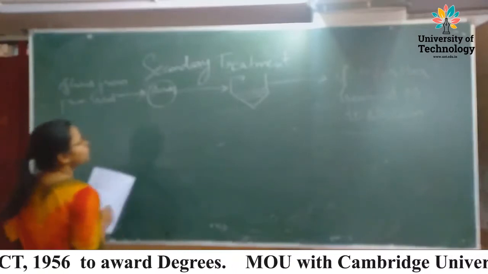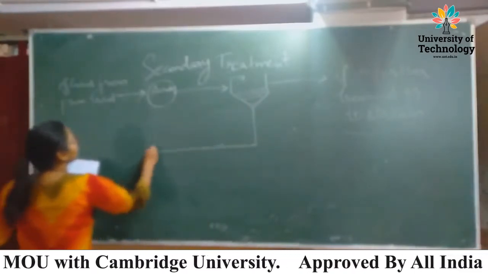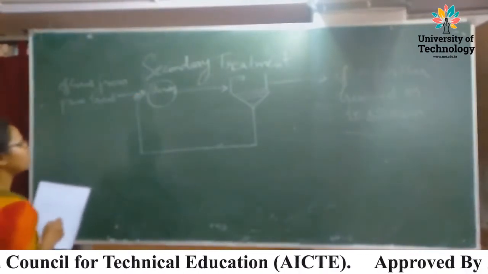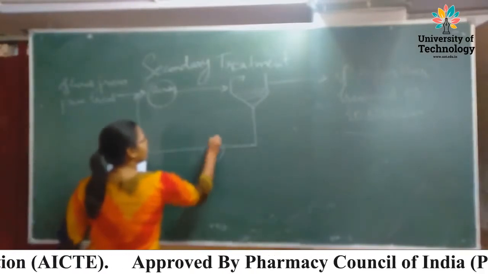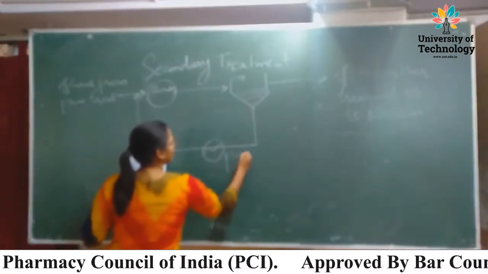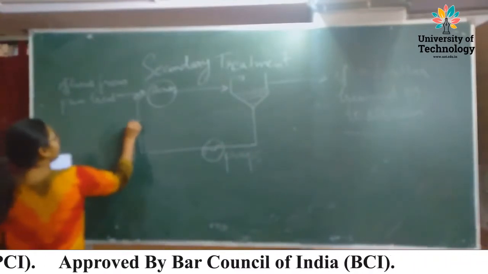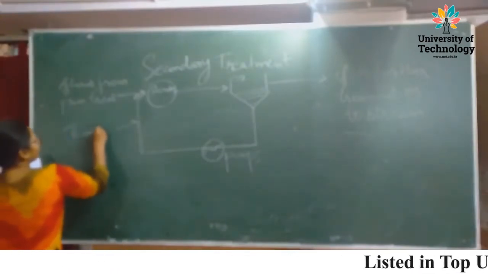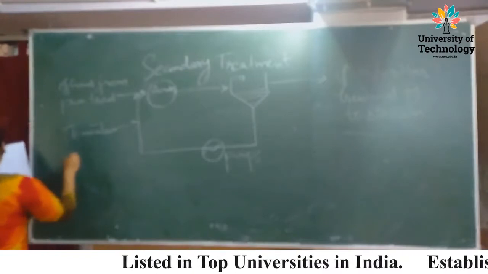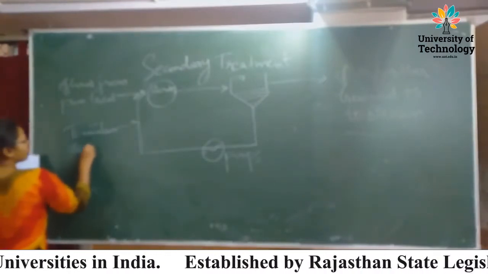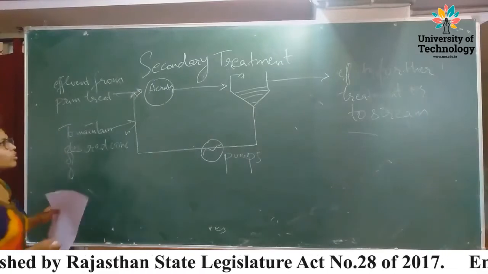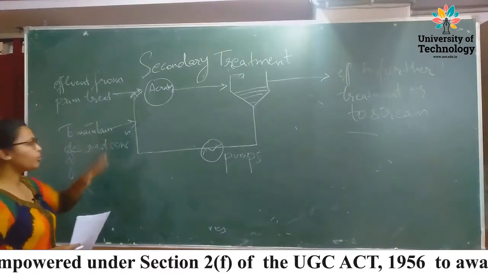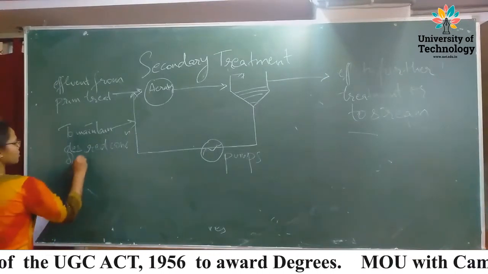One more thing, in this unit we also recycle some activated sludge to maintain the desired concentration of biomass. So this is the recycled sludge, to maintain the desired concentration of biomass.